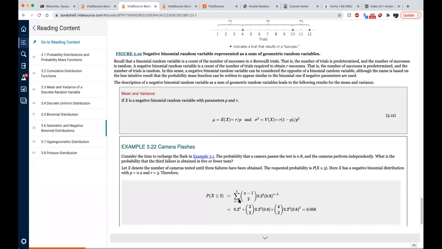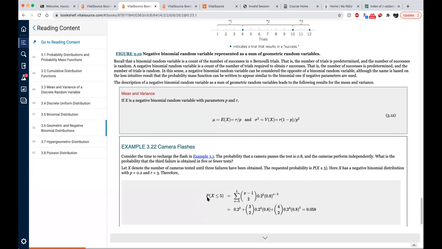So now, X minus 1 choose r minus 1, which is 2, right? And then p to the r power, and q to the X minus r. So you just calculate this. You may wonder whether we can calculate this using a calculator. If you have a TI-89, you should have the negative binomial distribution in the calculator, and you can use it.